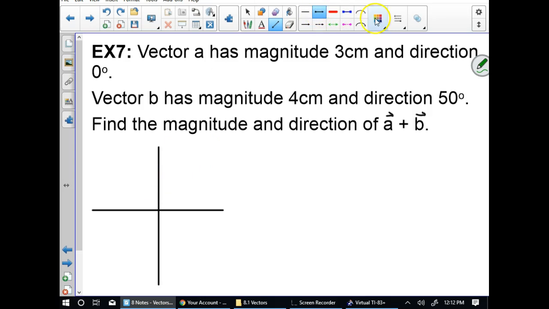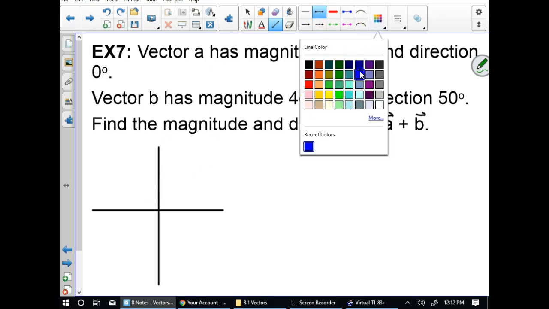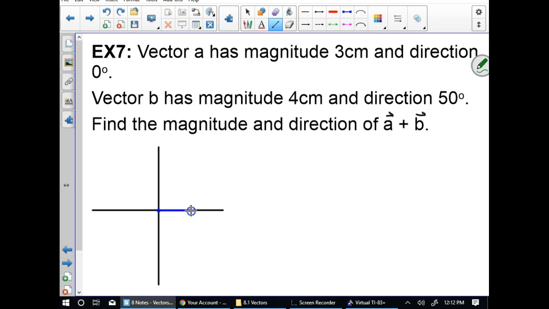So I'm going to draw this first vector. It has a magnitude of 3. I think we'll be okay on this one. Next one I might need to draw a scale. Alright, so we have a magnitude of 3, and then vector B has a direction of 50 degrees and a magnitude of 4.